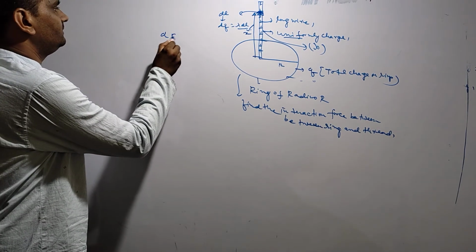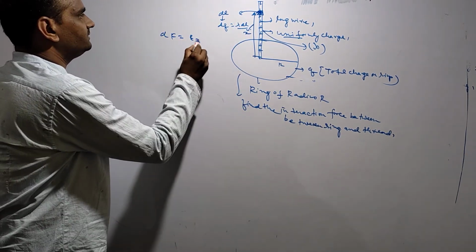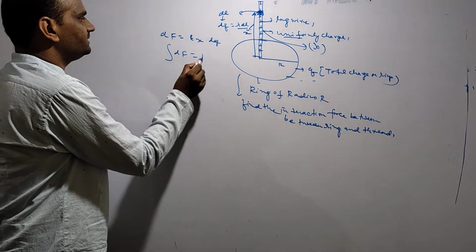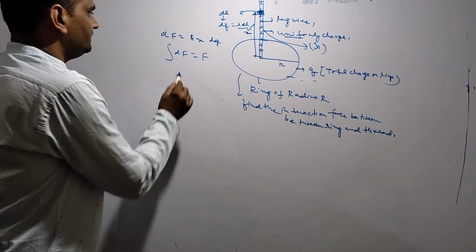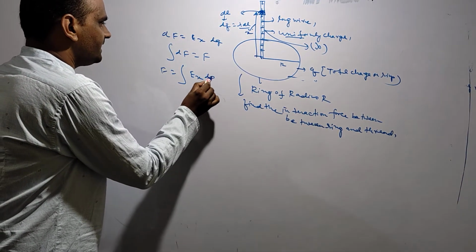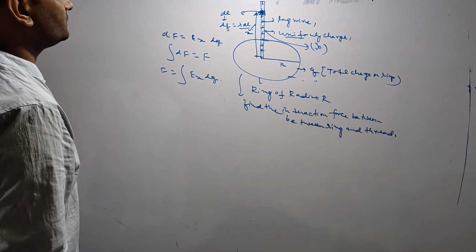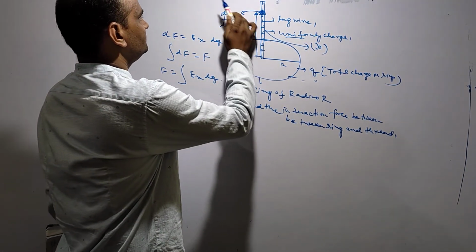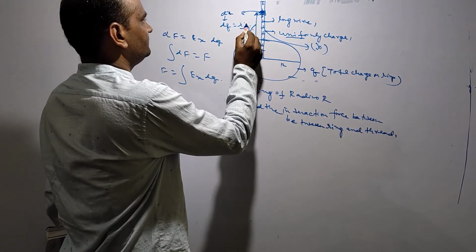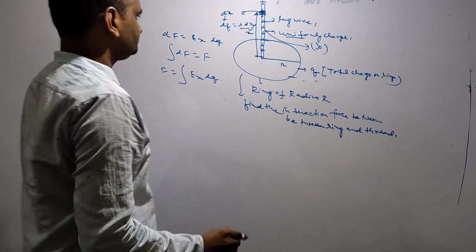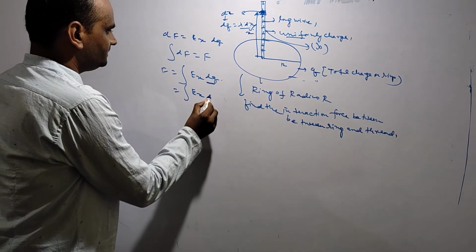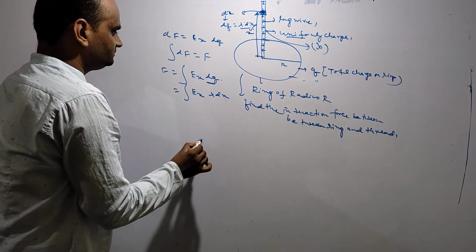What will be df, dx and dq? This will be force. When you perform the integration, it will give the total force. This means force integration performed with the function Ex and dq. So this length is, you can say, dx, because we have considered x, dx. So we have Ex and this is lambda dx.